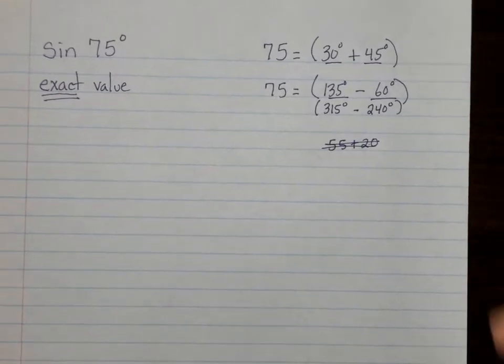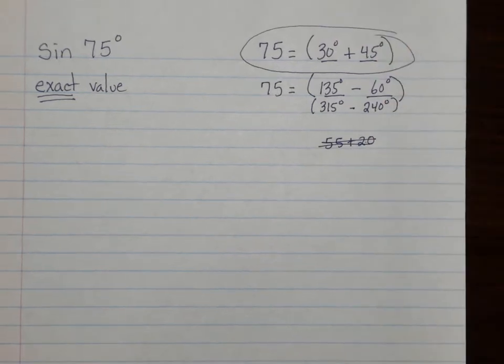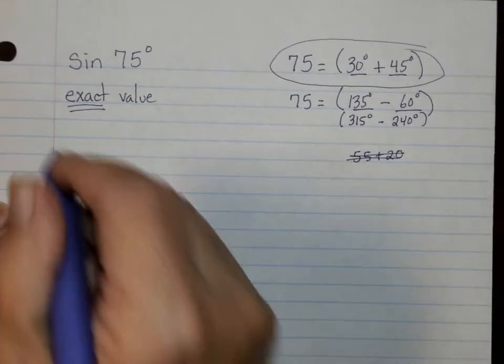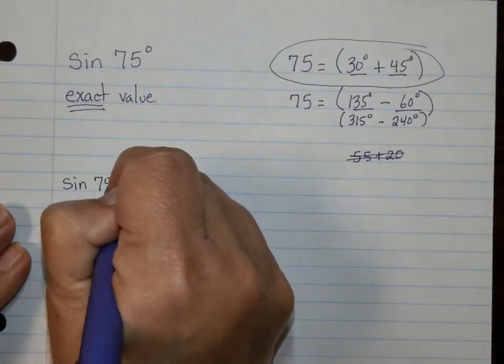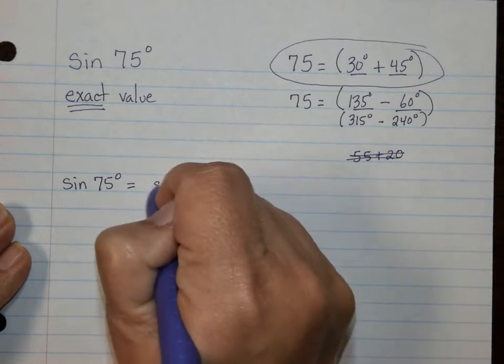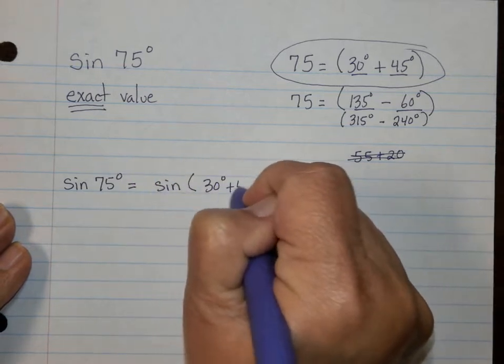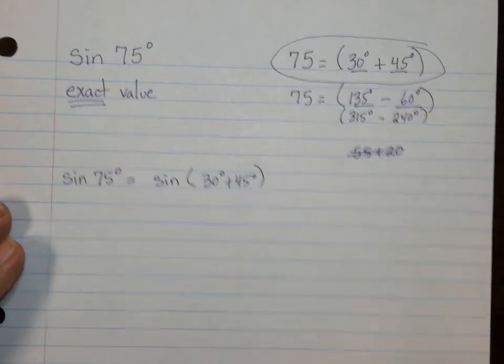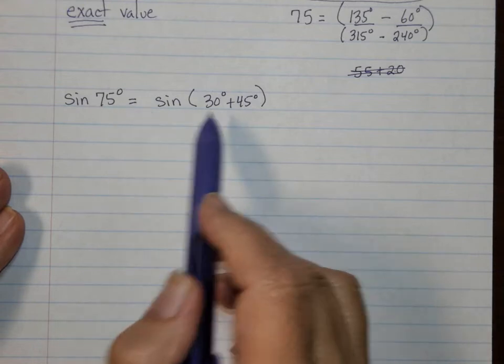All right, so let's take this suggestion to start with, the 30 plus the 45. So I'm going to say that the sine of 75 degrees is equivalent to the sine of 30 degrees plus 45 degrees. Right? Now, I've not done any trigonometry, right?